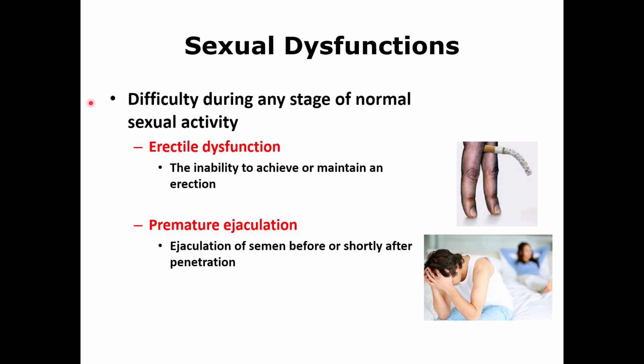Sexual dysfunction. One is erectile dysfunction, and obviously this happens in men. That is a problem with erection, so they may have impotence. There are two different age groups. One is younger than age 40. That is more common in men who have more psychological problems.